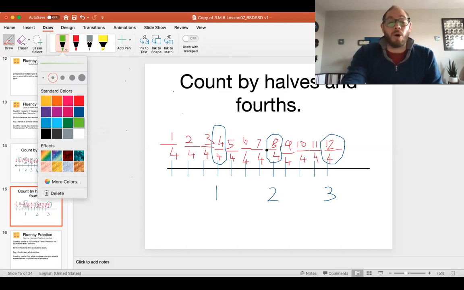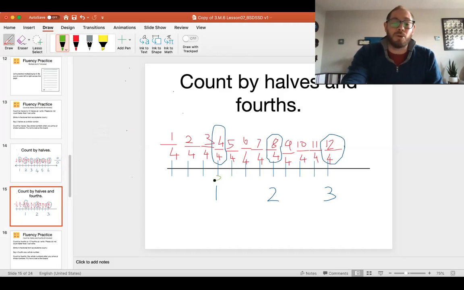We've got 3 wholes, but should we be counting every line as a half, or only, let's start with our wholes. So the first whole for a half would be what? It would be 2/2. The next whole would be 2, 3, because 2 times 2, oopsie, we'd say 4.